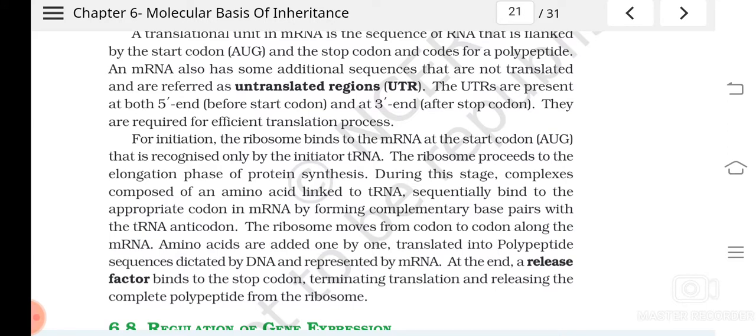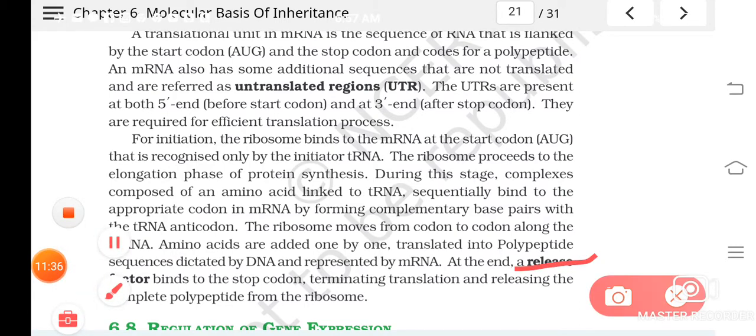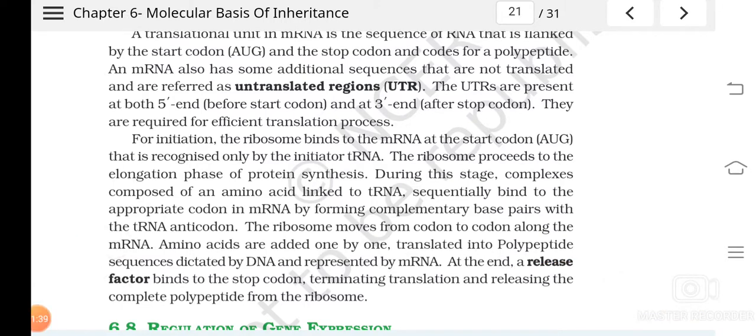And at the end, during termination, certain factors known as release factors will bind to the stop codon, because I told you a translation unit will have an initiator codon, then a stop codon, and in between them the translating codons.